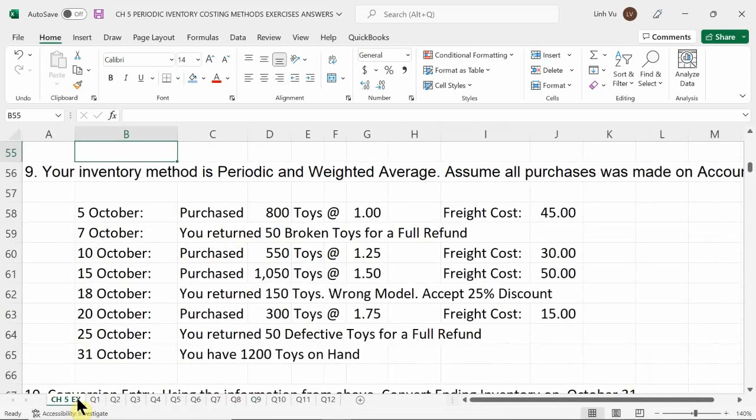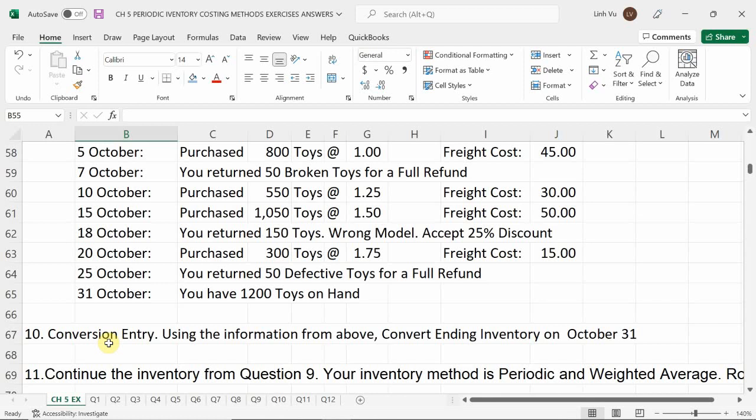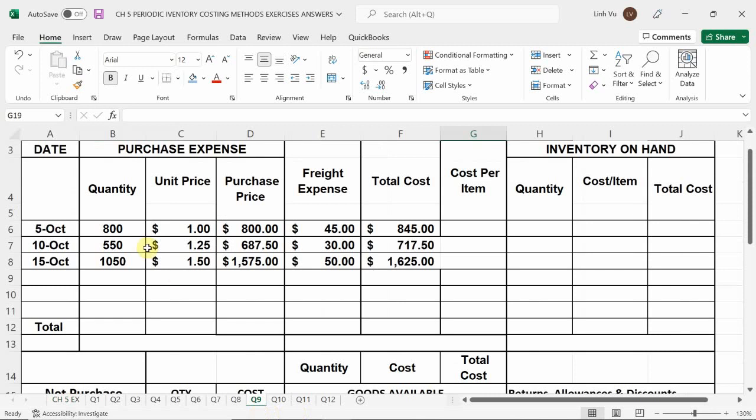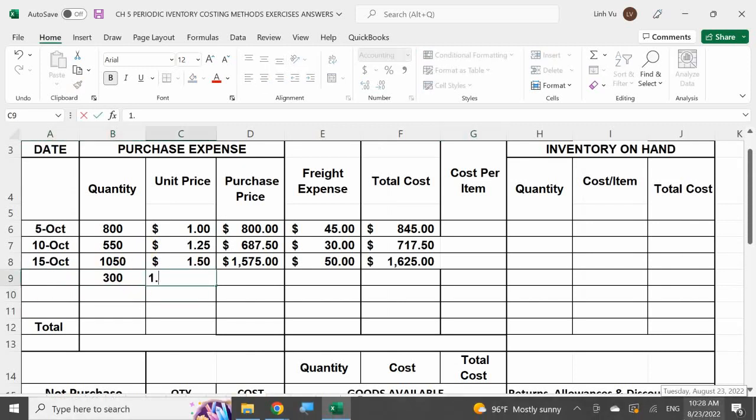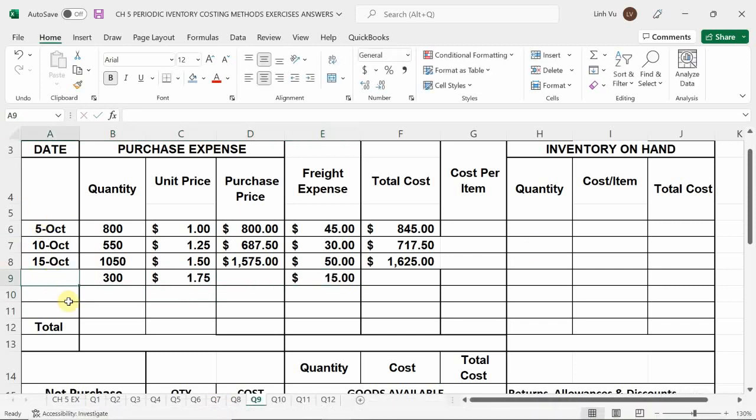All right, let's see what else happened. So then October 20th rolls around, and we end up purchasing 300 toys at $1.75 with a freight of 15. 300 at $1.75, and 15 for the freight on October 20th.